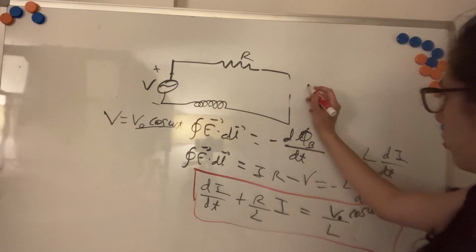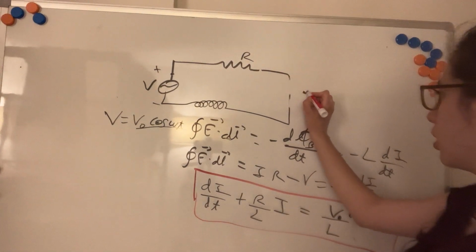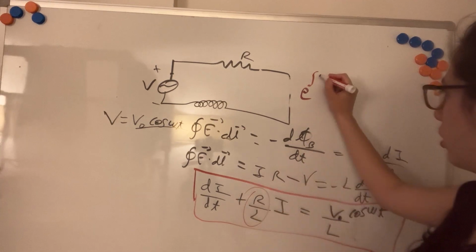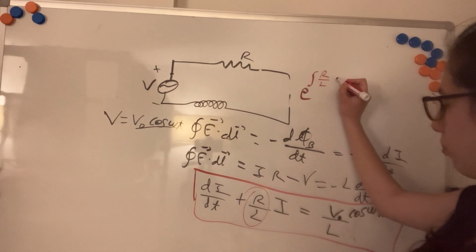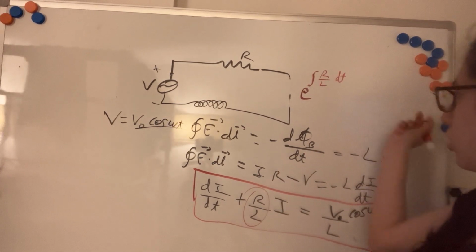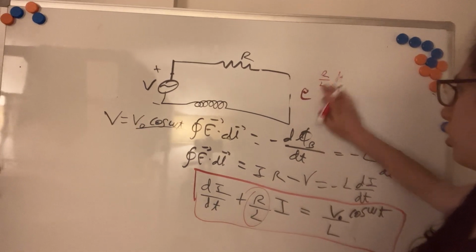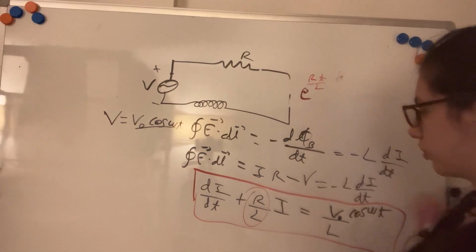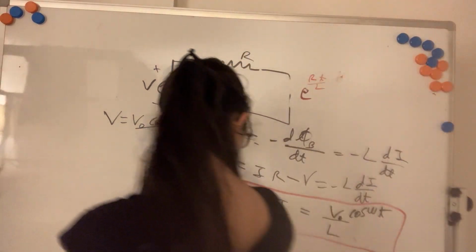So the integrating factor would be e to the integral of R over L dt. That is just e to the R t over L. So let's multiply everything by that.